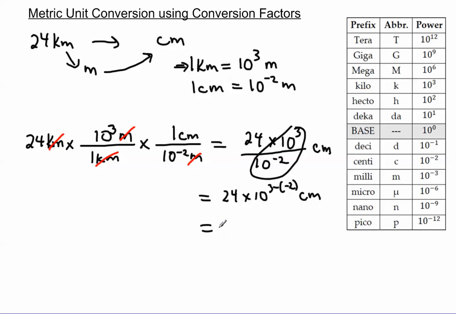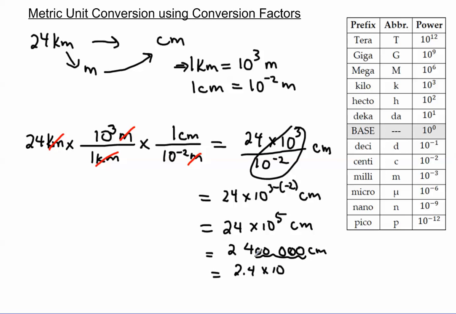When we subtract a negative, it's a positive. That's 24 times 10 to the 5 centimeters. And we can write this out as 2,400,000 centimeters, or in scientific notation that becomes 2.4 times 10 to the 6 centimeters.